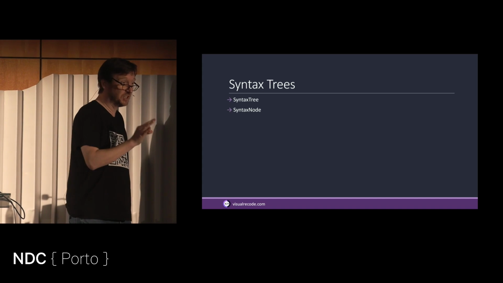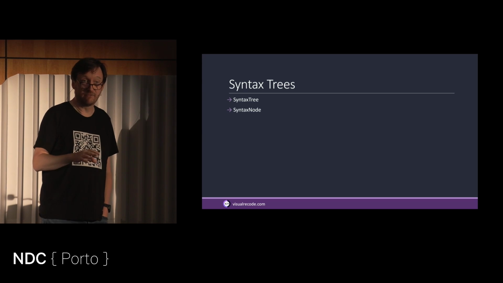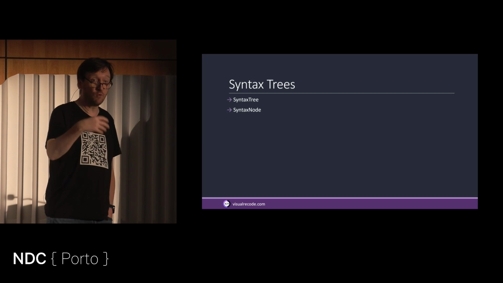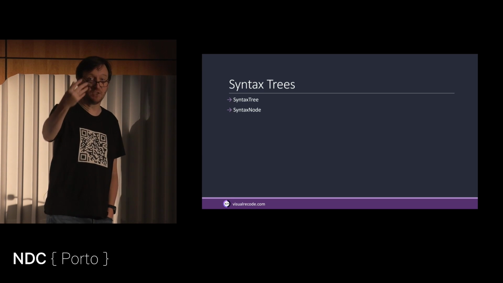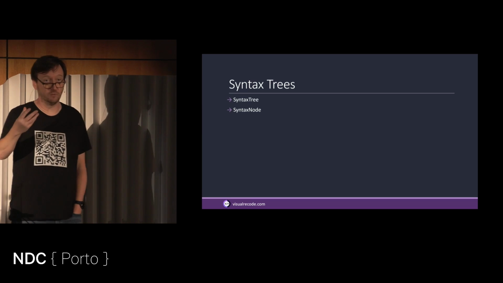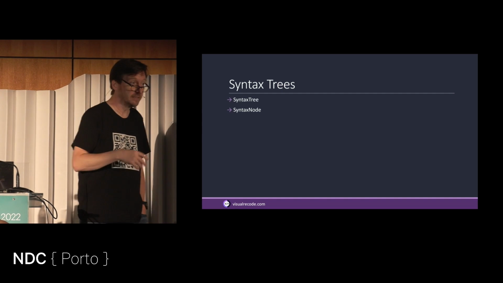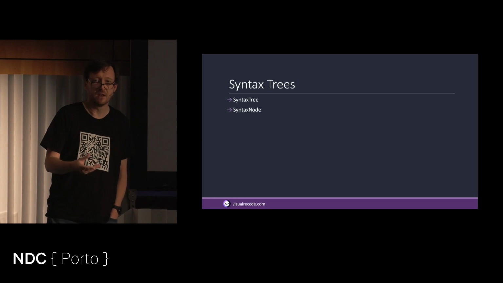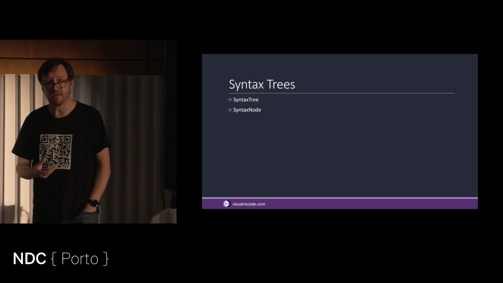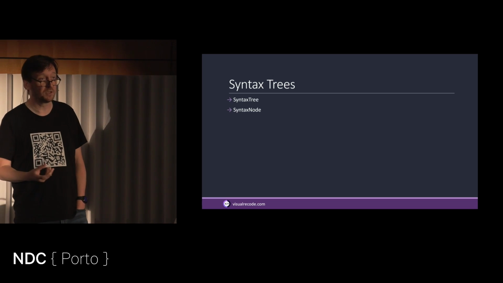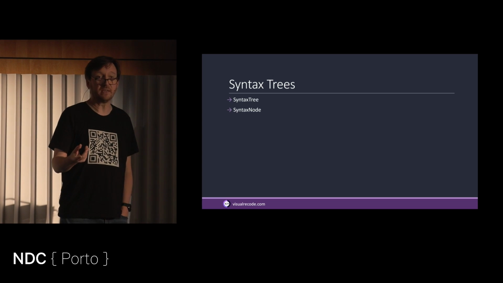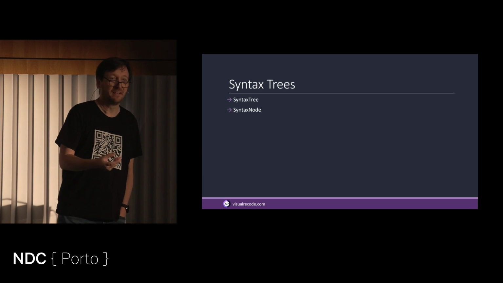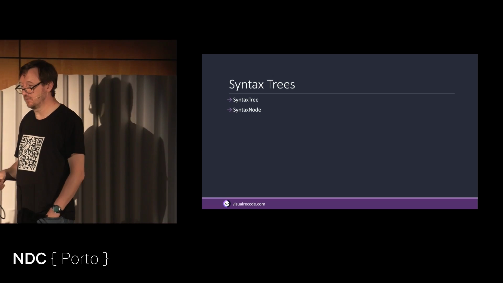And it's essentially just like a DOM for your code. So you have a root node, and then that has child nodes, and each of those nodes have child nodes. And some of these nodes will be things like a declaration of a class or a declaration of a property. And some of these nodes will be an opening brace or a semicolon. It goes right down to that sort of level.